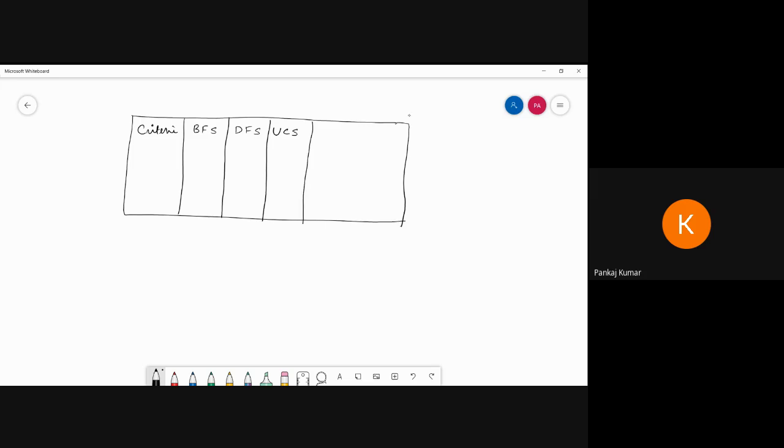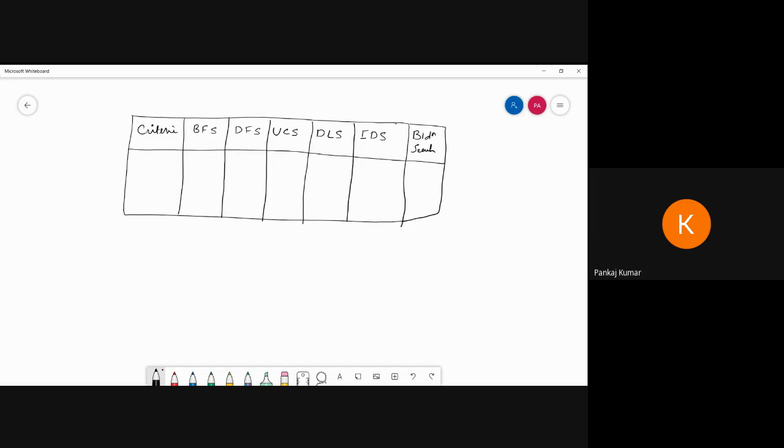Then here I am using Depth Limit Search, DLS. Then here IDS, Iterative Deepening Search. And at last I am going to use bi-directional search. So what is the full form? I'm going to write bi-directional search.